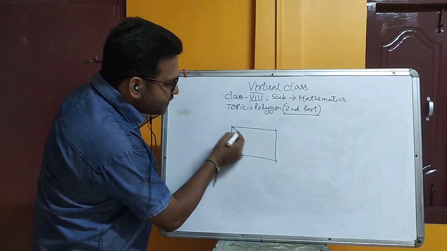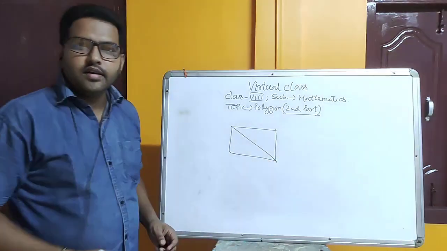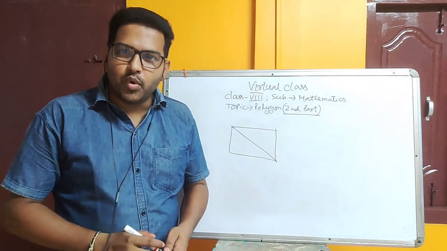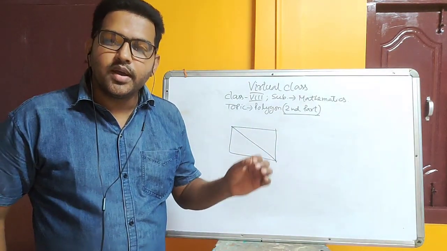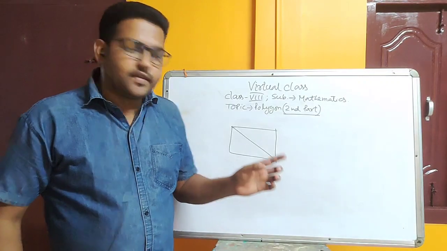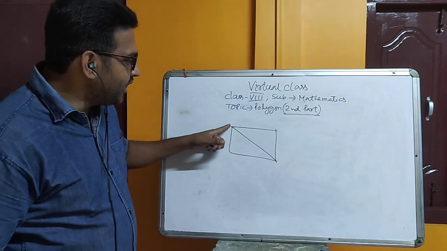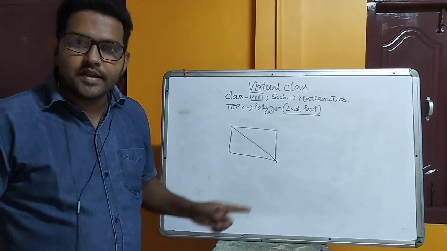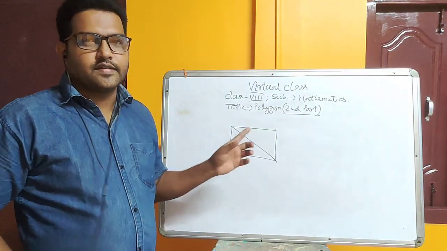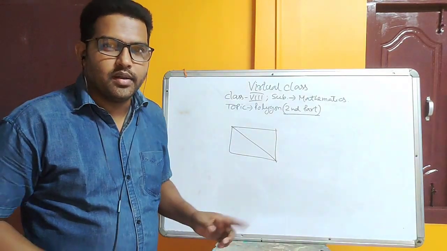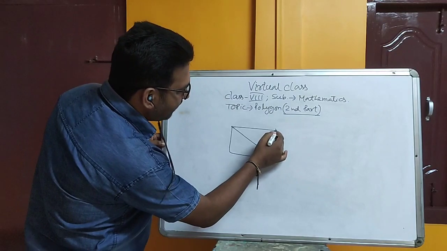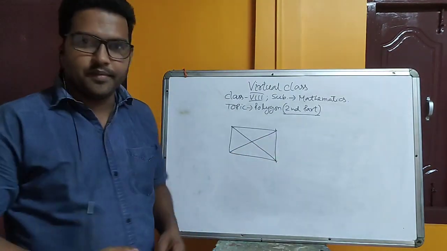So these 2 vertices are non-consecutive. Then the line segment joining these 2 non-consecutive vertices is called a diagonal. Similarly, I can construct another diagonal this way.